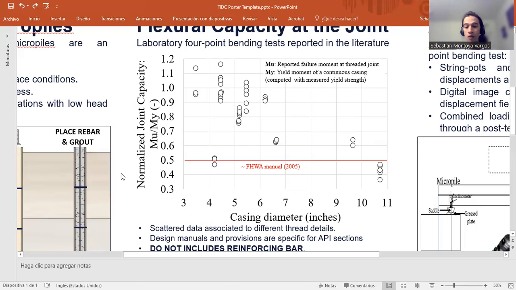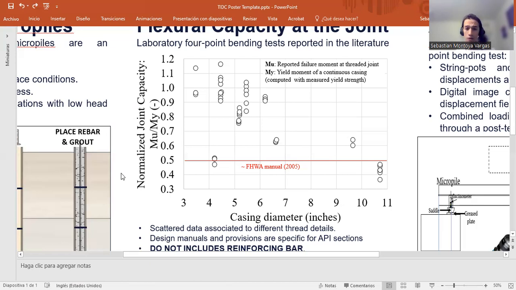So you observe that, regardless of the diameter, regardless of the thread details, the length of the connection, or the material I'm using, I have a 50% reduction. So I can expect my joint to have about half of the capacity of the intact section.